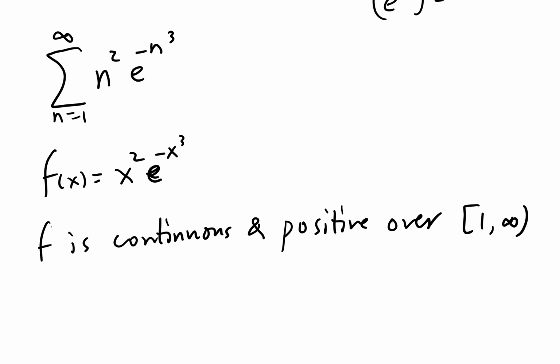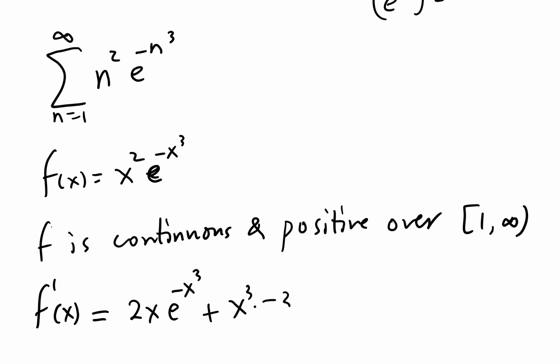And then we need to find the derivative for this to check if it's decreasing or not, using the product rule. So 2x times the second one plus the first one times the derivative of the second one, which is negative 3x squared times itself.